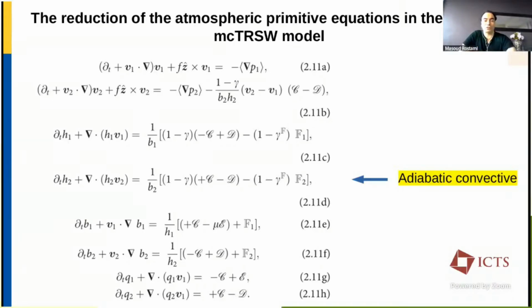And if you go down, you see that we have also the buoyancy field, but in fact on the right-hand side of buoyancy you see the sign of the C is changed, because once we have latent heat release, it increases the potential temperature in that layer, and it increases also the buoyancy.